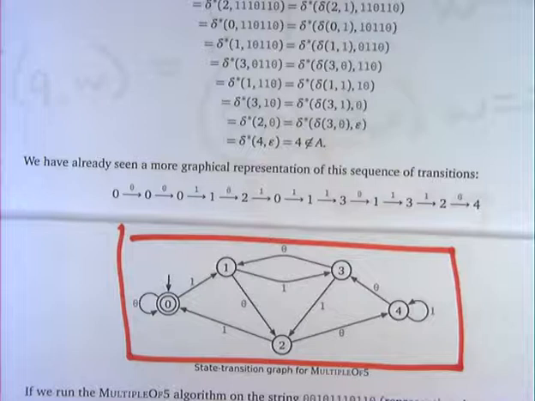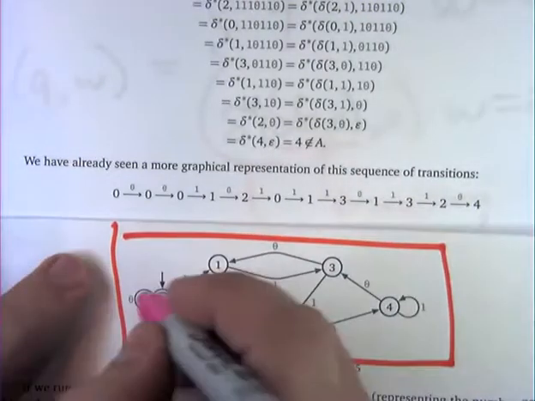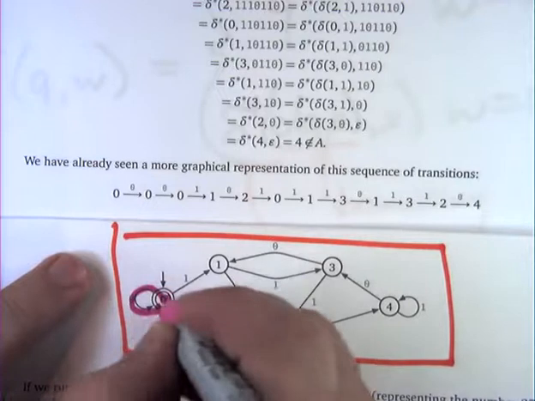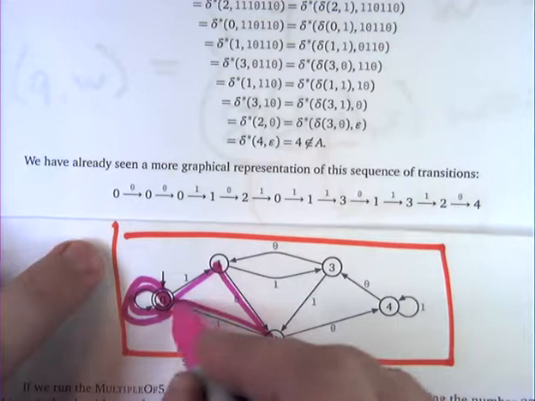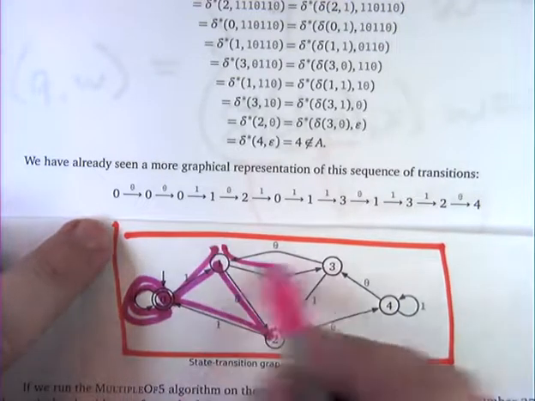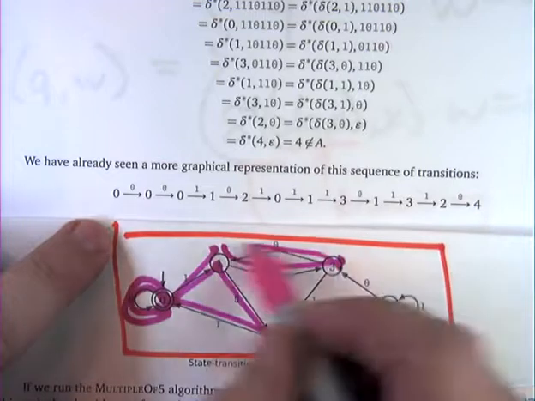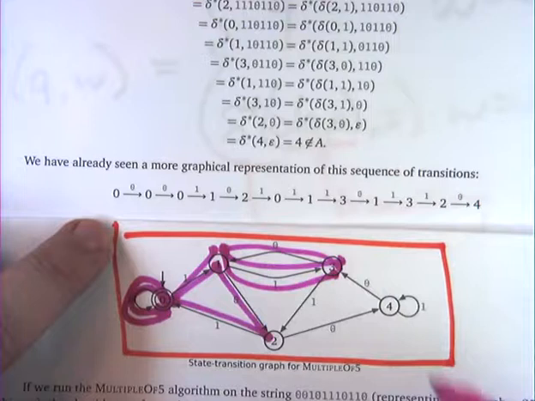Okay? So I can think of it like this. So I start in state 0. I read 0 and I go here. And then I read 0 again and I go here. Then I read 1. Then I read 0. Then I read 1. Then I read 1. Then I read 1. Then I read 0. Then I read 1. Then I read 1.